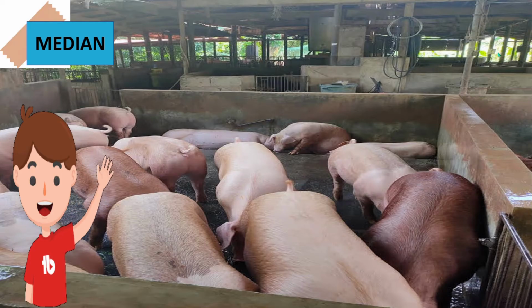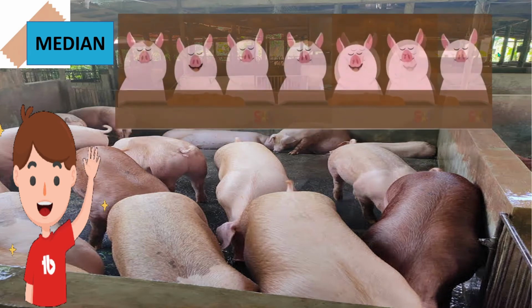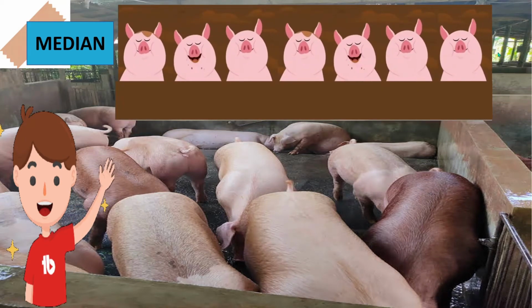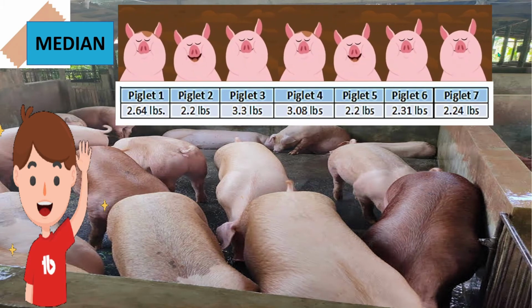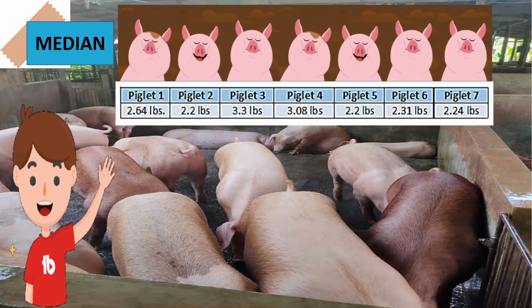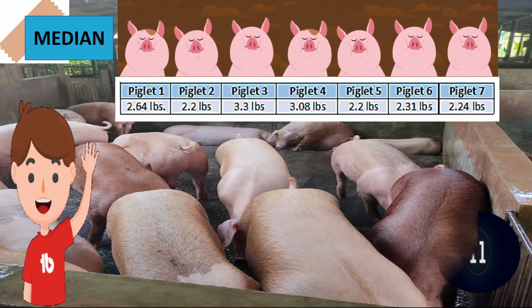One of the occupations of the people of Ibaan is pig raising, and Mang Jay is one of them. His sow has just given birth to 7 piglets. What is the median of the weights of the piglets given the following weights? I will give you 10 seconds to answer.